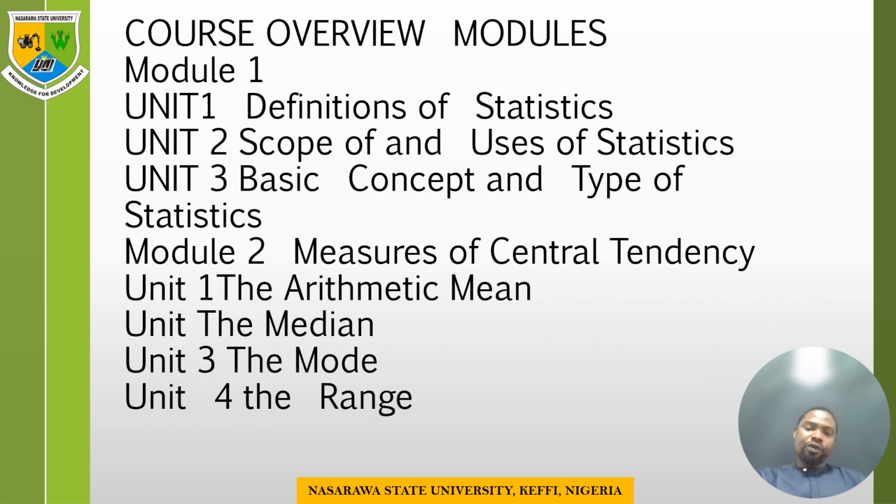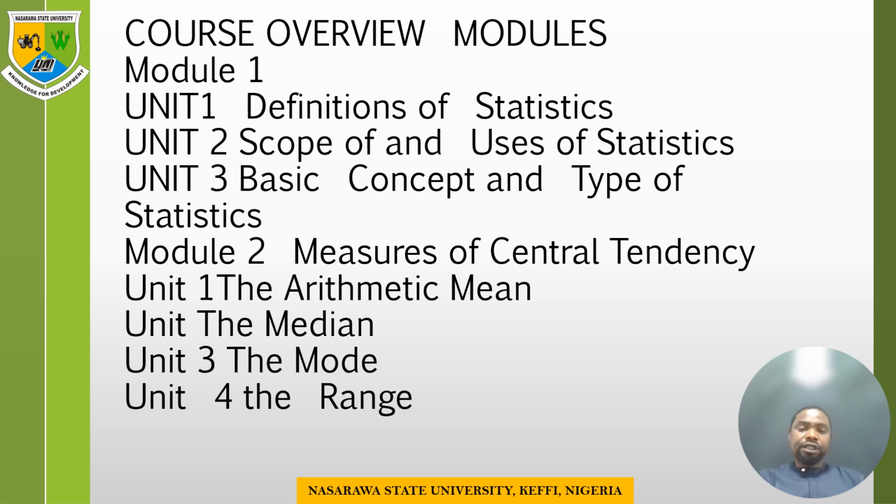The overview of this course module: Module 1, which I will be talking about in the course of this lecture, is divided into units. Unit 1 consists of the definition of statistics. Unit 2, the scope and the uses of statistics.